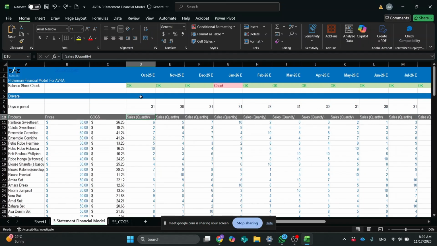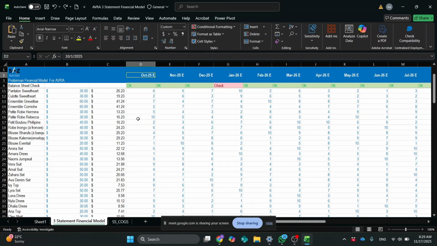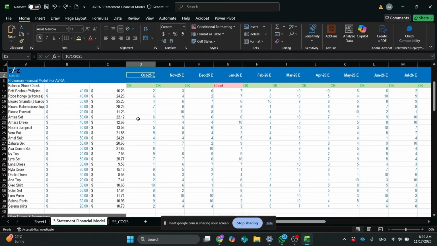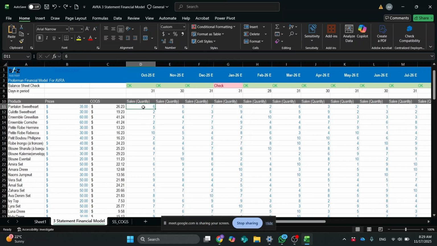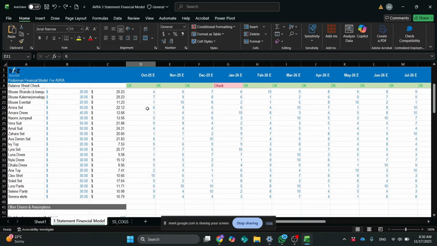But we are already in November. Do you have actual data for October? Yes, all the data.